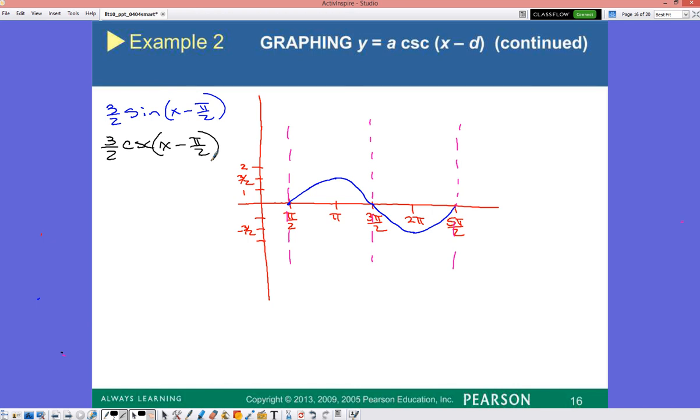In between these asymptotes, I'm going to take the sine graph and flip it: where it goes down, it flips up, and in between these asymptotes, it goes down. That's it. Easy? Maybe? I'm going to give you the rest of this time to work on this.